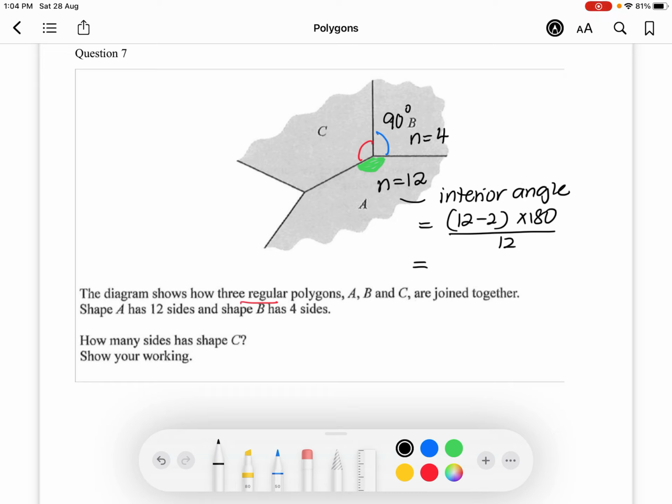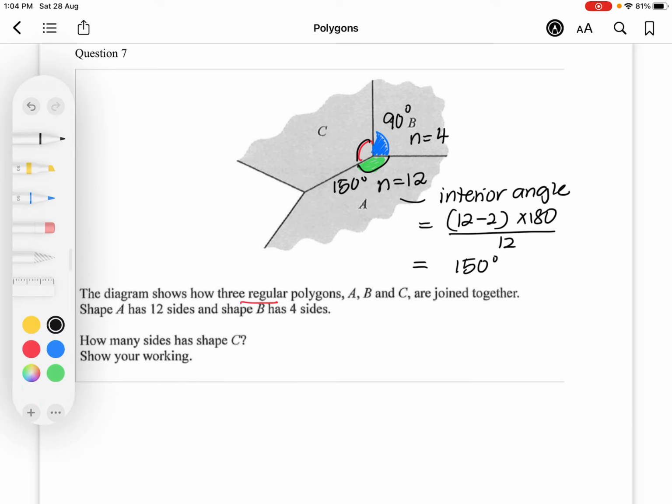And one angle is found to be 150 degrees. So this angle over here, 150 degrees. Now I already know that this is 90 degrees, right angle. Okay, therefore I can use angles at a point to find the interior angle over here for polygon C.